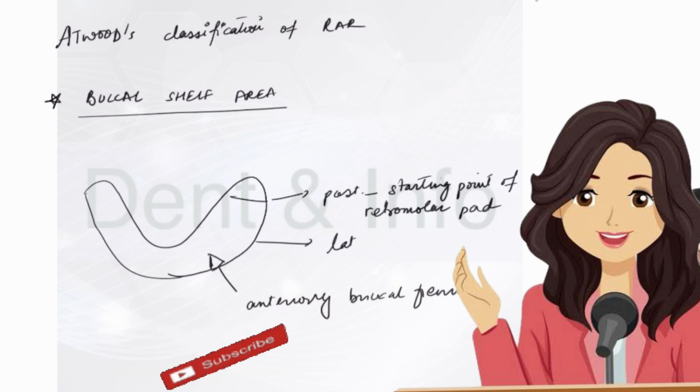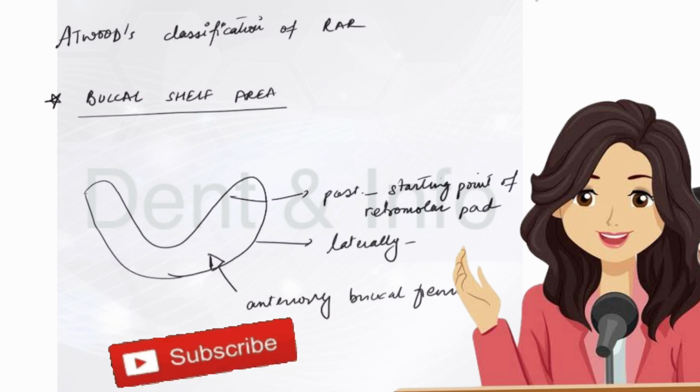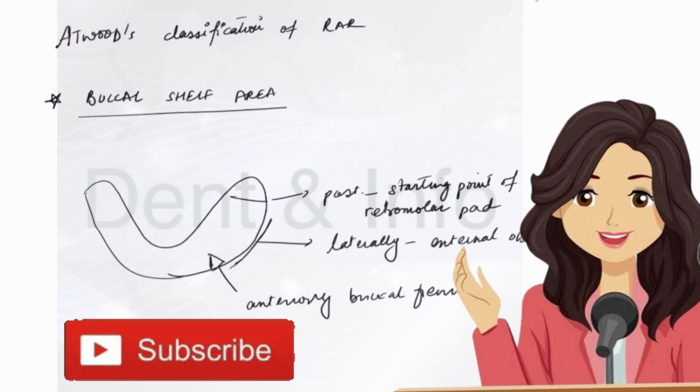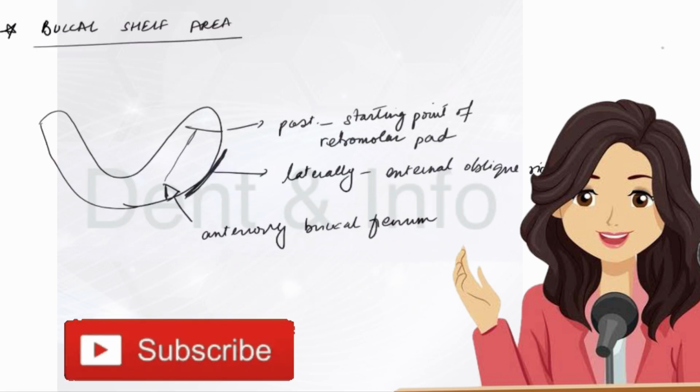Laterally, if you see, it is bound by external oblique ridge, which will be somewhere here. Medially, you have your crest of the ridge, right?